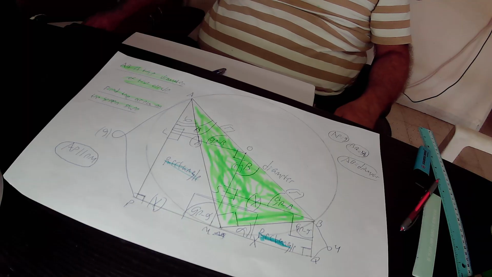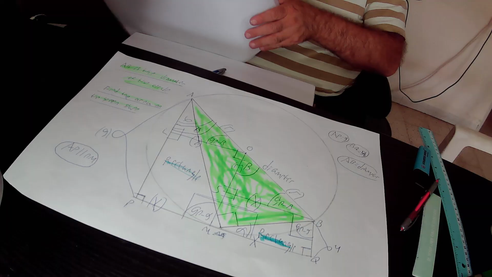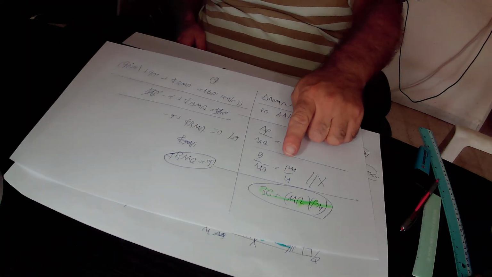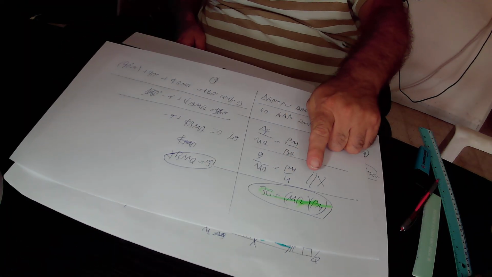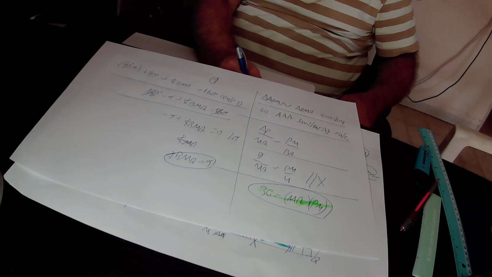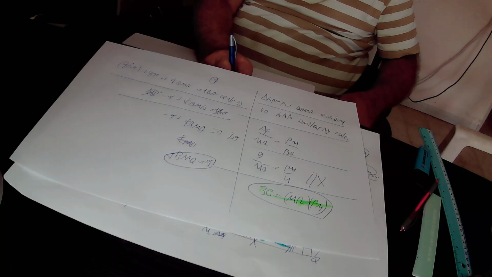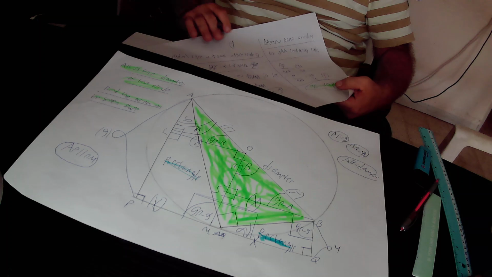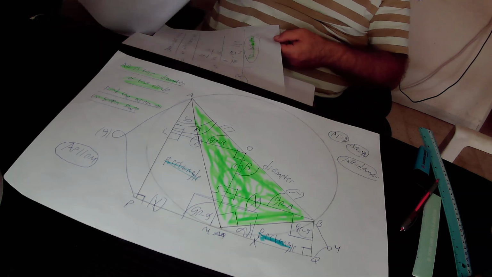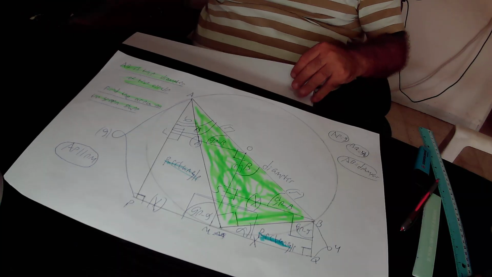We have already found out that 36 equals MQ times PM, or QM times PM equals 36.